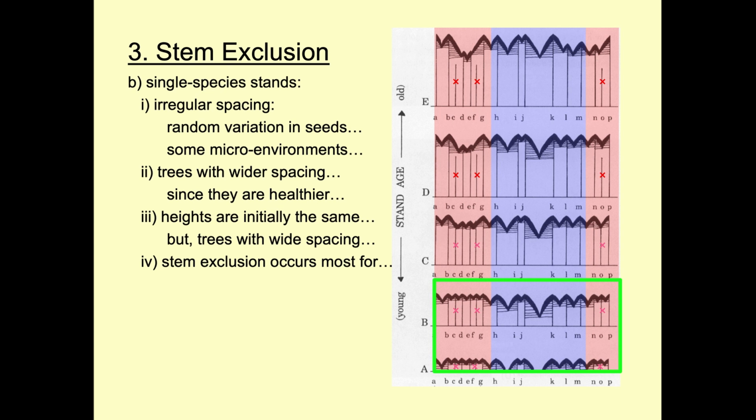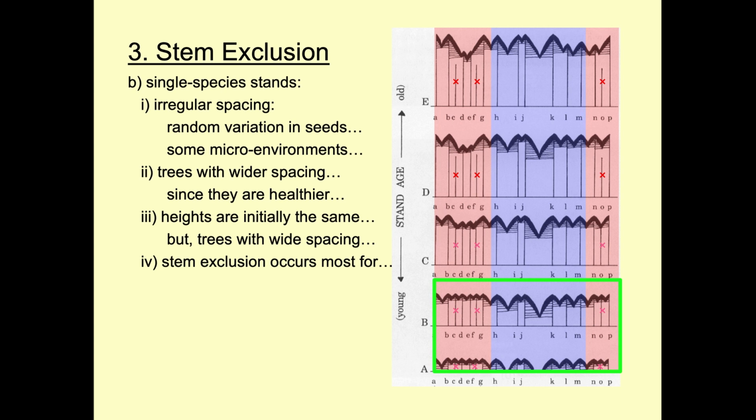Now, while the height of all trees is going to be initially the same because they're the same species growing in a relatively very similar habitat, the trees that have wider spacings are eventually going to grow taller than the trees that are closely spaced.